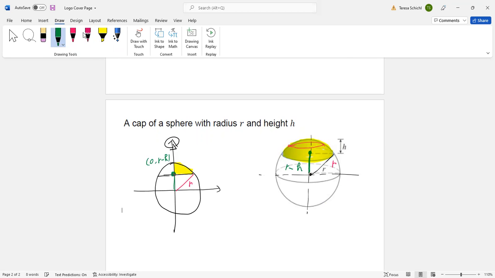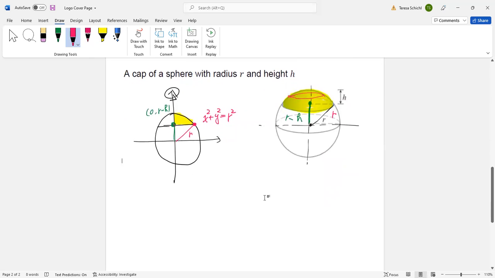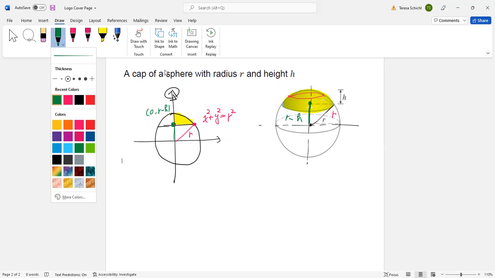And this point is on the circle, so it satisfies x squared plus y squared equals r squared. Since the cap was generated by rotating this area on top of the circle, I know the cross section is a circle, so I can use the disk method.